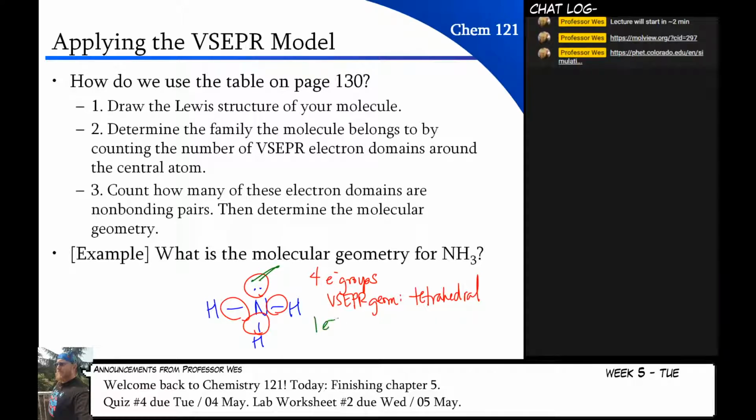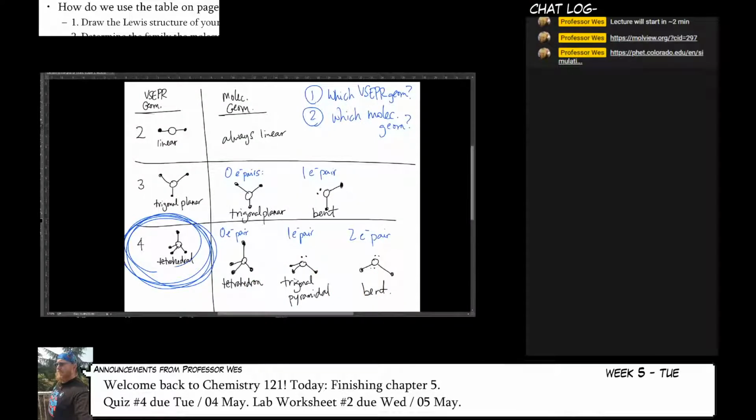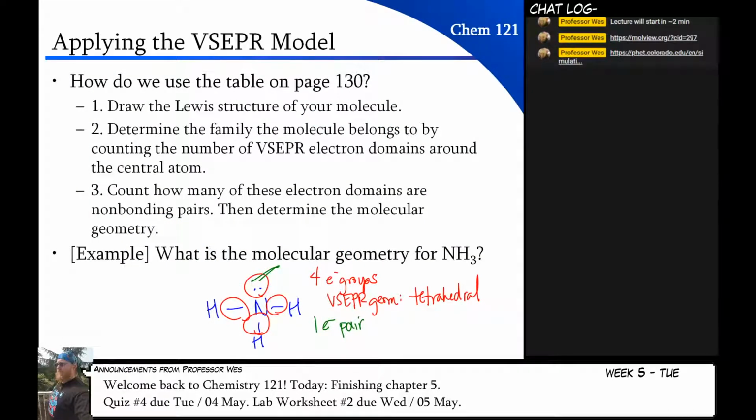So there is 1 electron pair around the central atom. So when I go back over here, I find the one that has 1 electron pair. Here it is. So my molecule that I'm looking at for ammonia is tetrahedral VSEPR geometry, trigonal pyramidal molecular geometry. And so we'll go write that down.